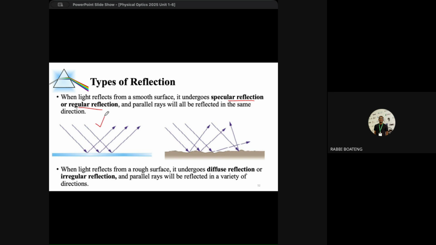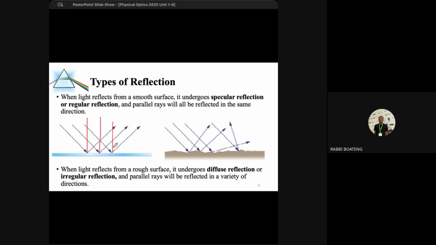A typical one like this is the specular or regular, and something like this is the diffuse or irregular. Anytime we are talking about specular, when a parallel beam hits the surface, we expect the same parallel beam to leave the surface. You see, this is the normal of this one, normal of this one, normal of this one.